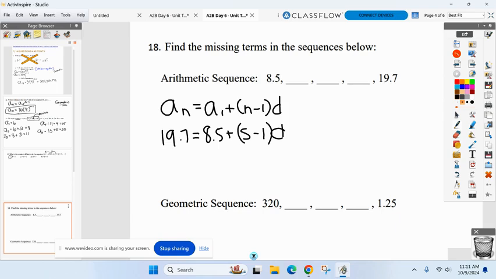What are we doing? 2.8. Move the 8.5 over. Subtract it. Oh, I didn't move it over first. Yeah, me neither. What's the equation? And then you divide by 4. It's the easy ones that trick you.